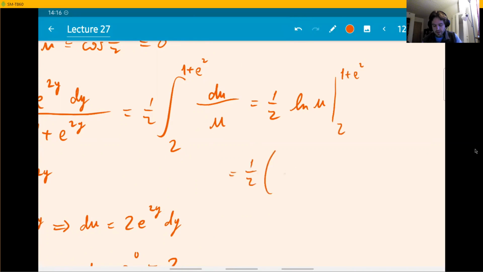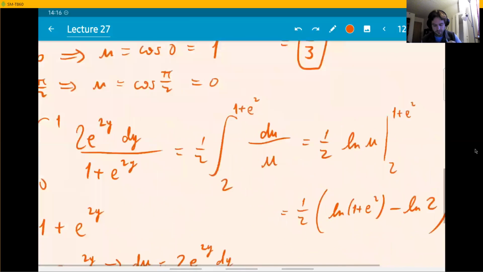So what does that mean? It means ln of the top number minus ln of the bottom number. And that's it. Once again, no plus c, but also no simplification here to be done. Log of a sum doesn't split up in any nice way. There's nothing you can do to simplify this. Very good.